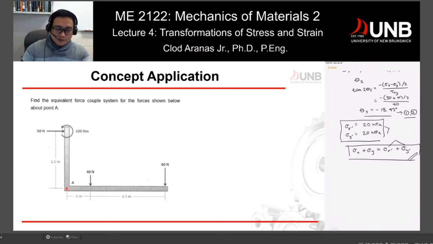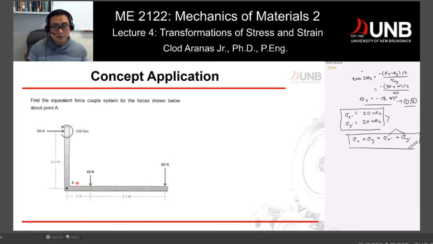You're asked to determine the stresses at point A. You can transfer all those loads to point A by using a force couple system. How can I transfer this 40 newtons, this 60 newtons, and this 50 newtons to A, in order for me to analyze the stresses?